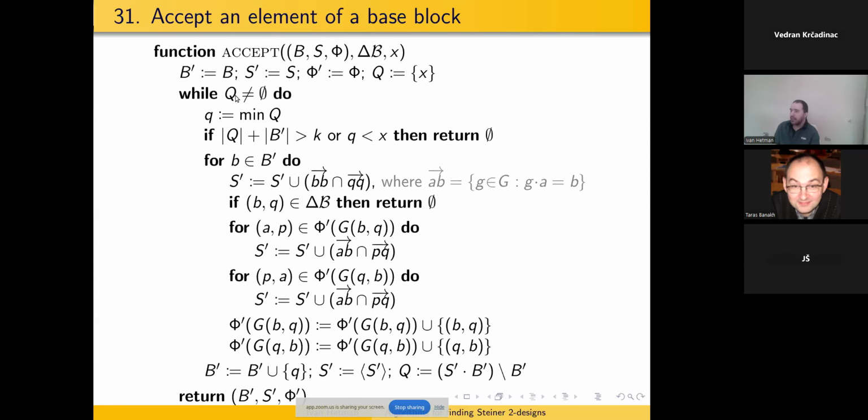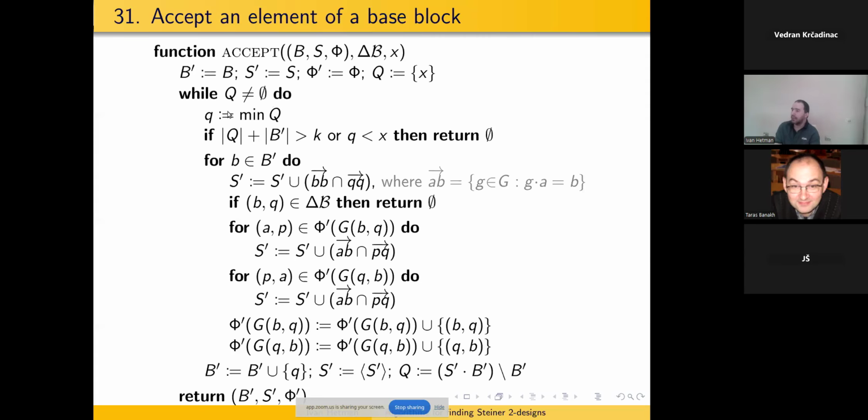This is the reason why we have a while loop here. We create a queue that initially consists of only this element x, and we perform additions while this queue is not empty. Because if we add element x, this base block already has some stabilizer, and in addition to element x, other elements can also be added.